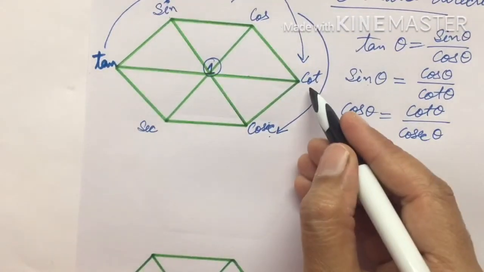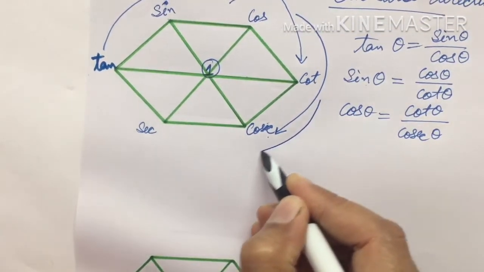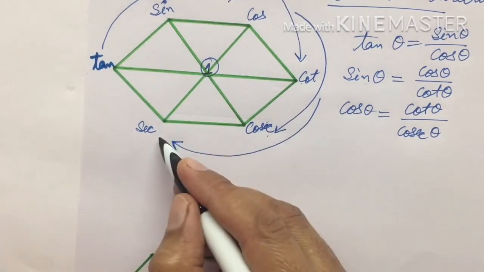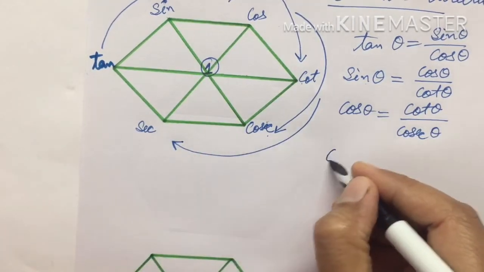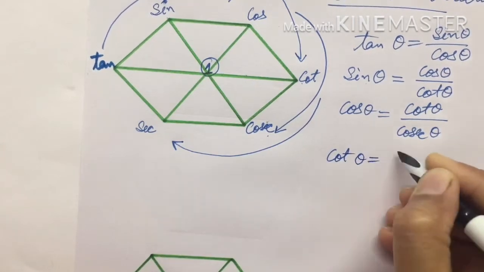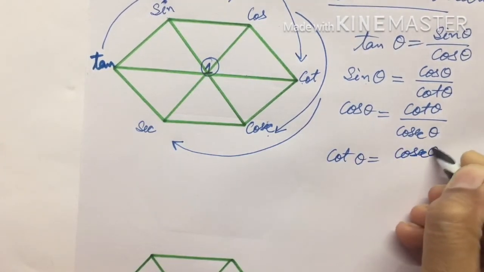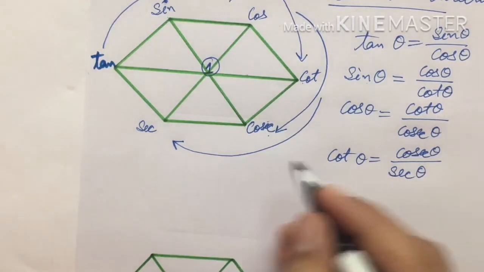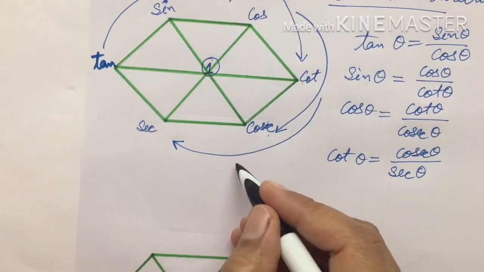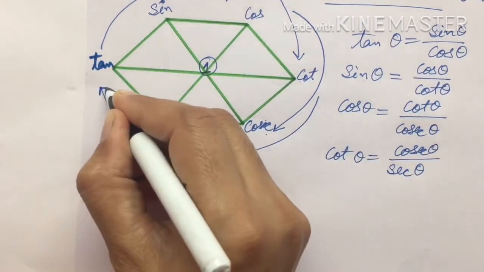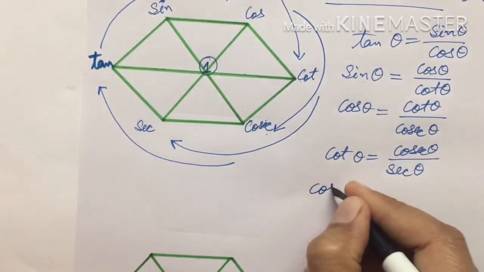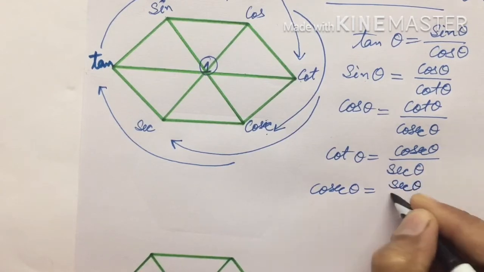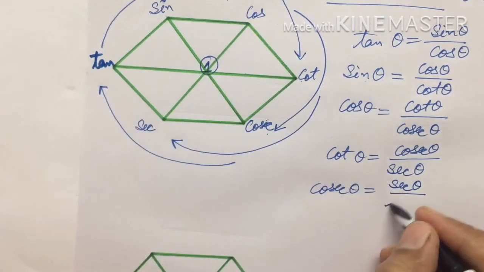In the same way I will start from cot, and in the clockwise direction, cot, cosecant and secant, these three I will use. So cot theta is equal to cosecant theta upon secant theta. Now I will start from cosecant theta and go up to tan theta. So cosecant theta is equal to secant theta upon tan theta.